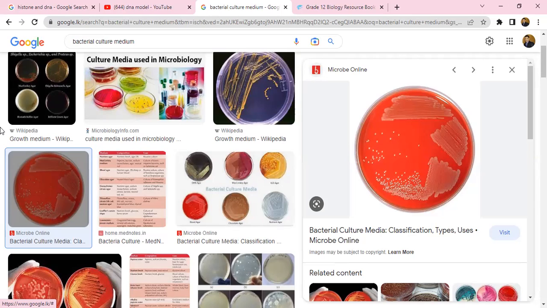Correct? But saying growth of archaea is not inhibited by any antibiotic is wrong. Understood? Yes, sir.